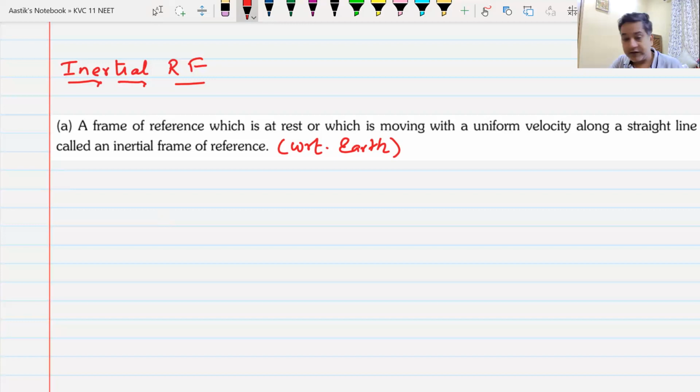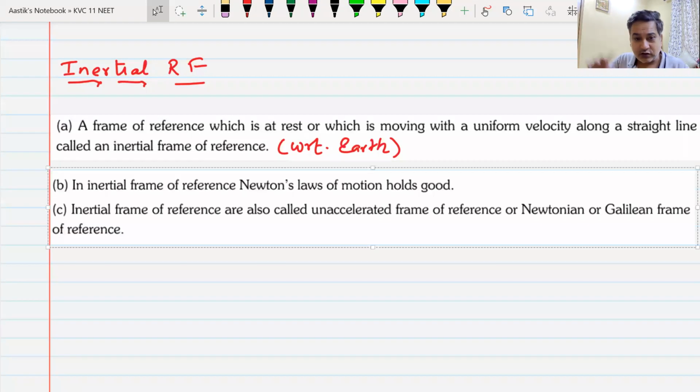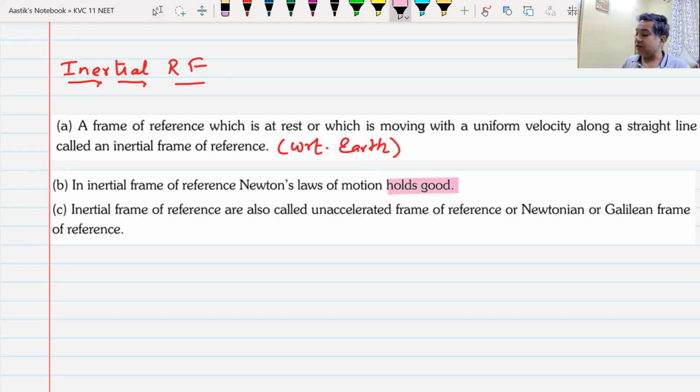Now remember, whatever Newton laws we have read up till now, F is equal to ma and all those things, they're only valid in an inertial reference frame. Newton laws of motion are only valid in inertial reference frame. That is what you must remember. You might get an objective on that, and that is the only reason I'm telling you all this.